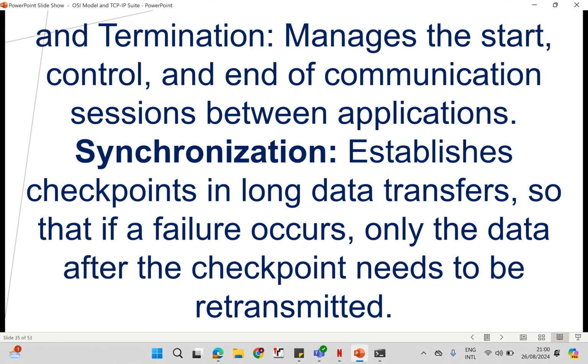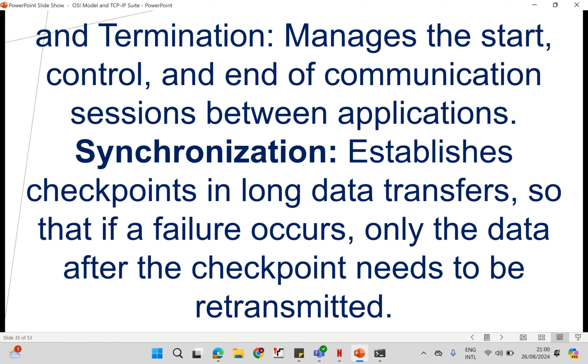So synchronization establishes checkpoints in long data transfer, so that if a failure occurs, only the data after the checkpoint needs to be retransmitted. So what we are saying is, if I say hello, how are you, and you still hear hello, you have not heard how are you, something happened, it's not going to transmit hello again.